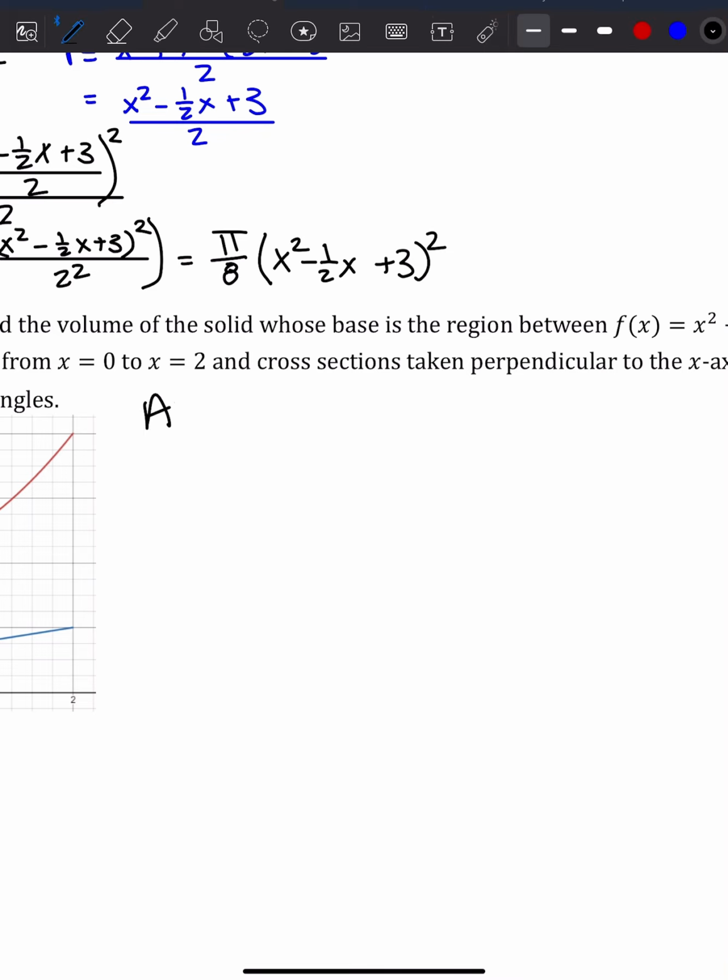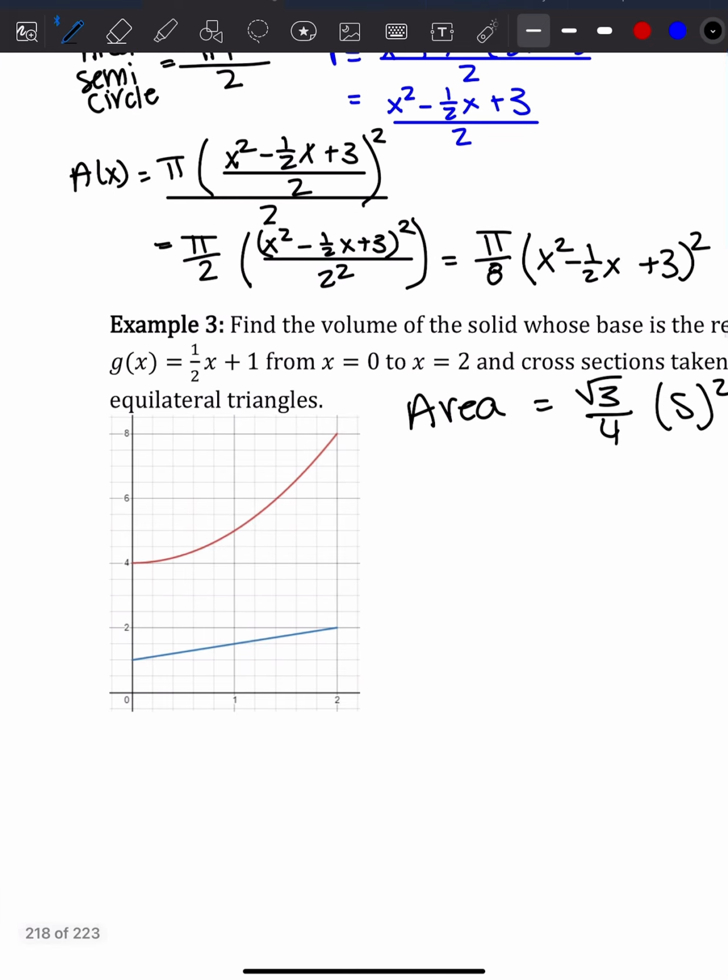The area for an equilateral triangle is equal to the square root of 3 over 4 times our side length squared. An equilateral triangle is a triangle where all of our sides are the same length. So it's going to be something similar, but probably not exactly the same as that, just a lot of triangles pointing upwards.